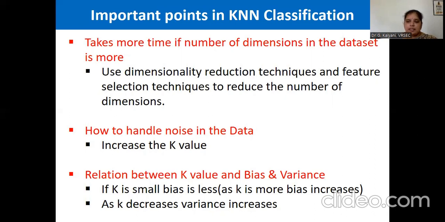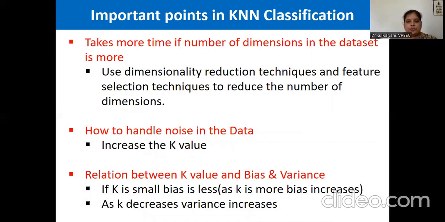Then the second term, variance, indicates the variation in the prediction due to variation in the data set, and it is inversely proportional to bias. That's why as k decreases, the variance increases. That is, if k is small, bias is small and variance is large. That's why k should not be too small and should not be too large either.